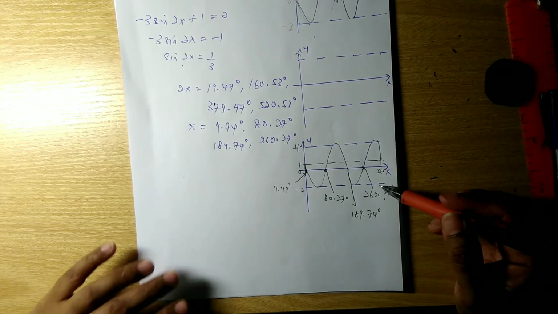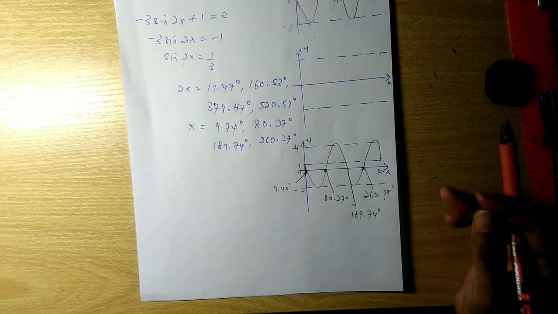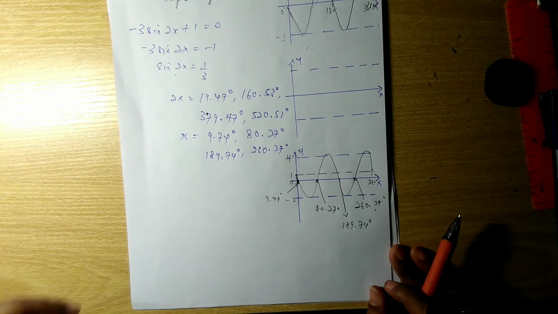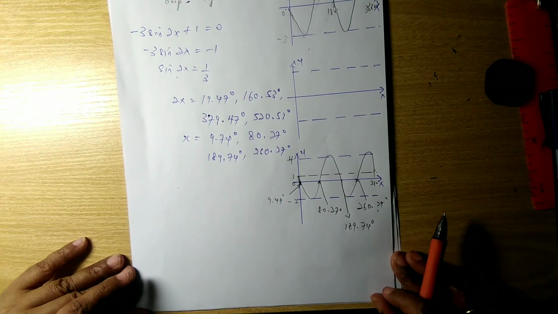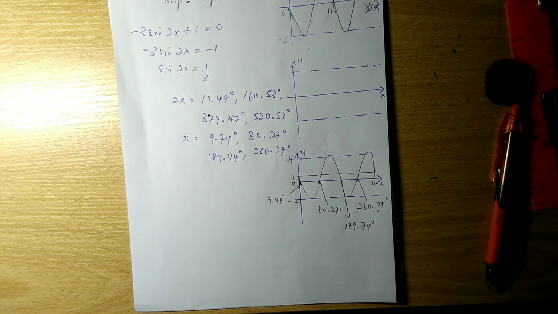These are some examples of how to sketch graphs without using graph paper. What is important is, number one, the shape must be correct, then your amplitude, your number of cycles, and how much the graph is shifted from the original value. Okay, thank you.